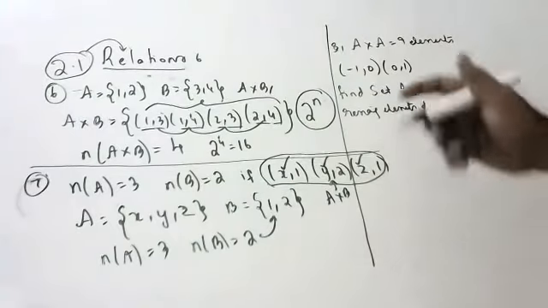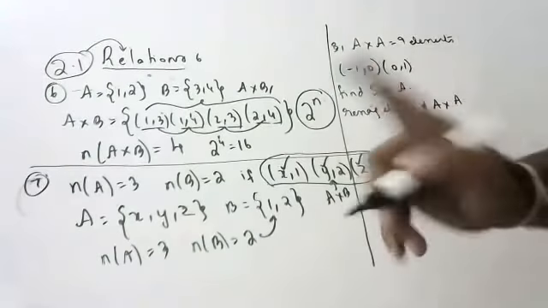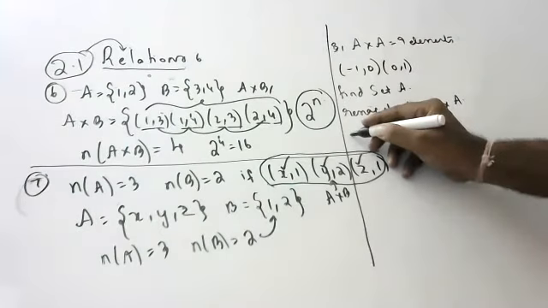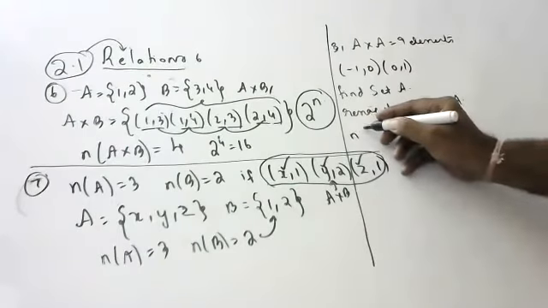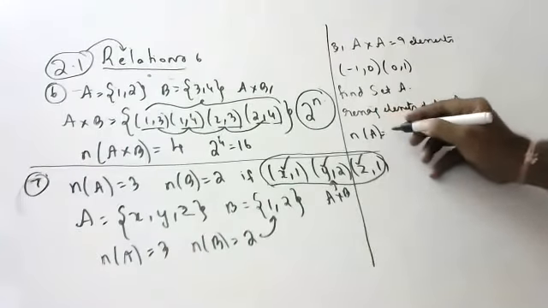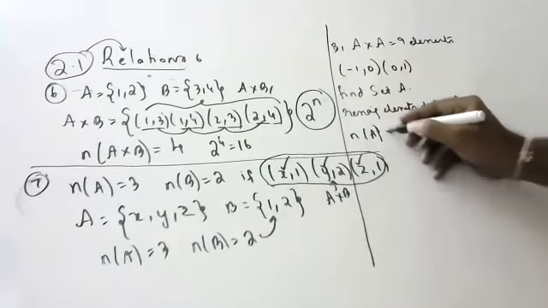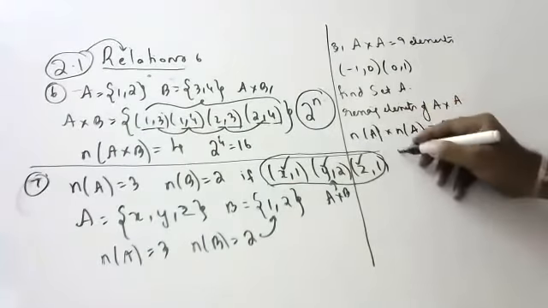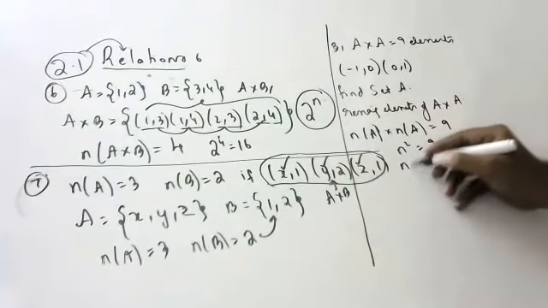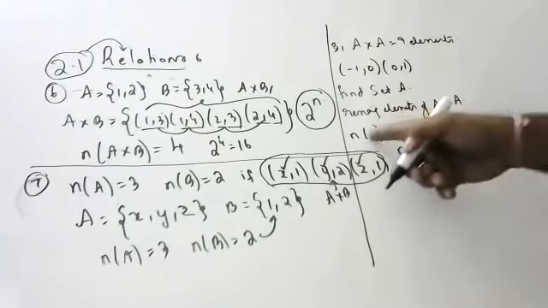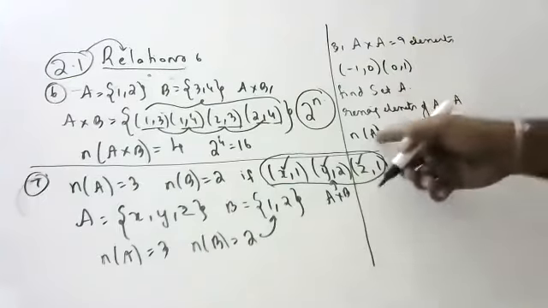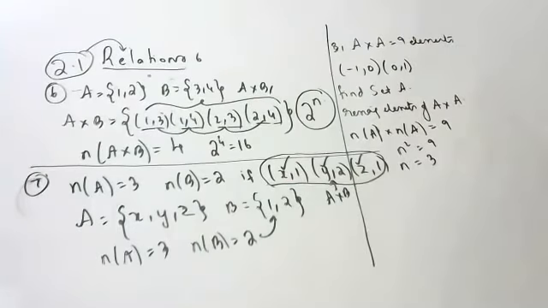Here, n of A into n of A is 9, so indirectly n square is equal to 9, n is equal to 3. Don't say 1 into 9, it's not possible. Only 3 into 3 makes 9 possible.